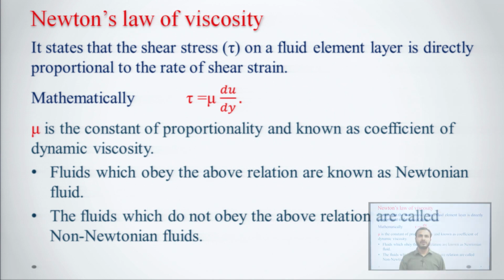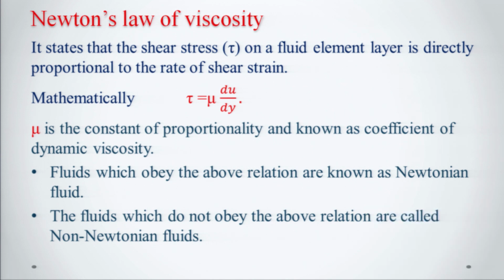So, the ratio of dynamic viscosity to the density of the fluid is termed the kinematic viscosity. Now, concerning viscosity, there is Newton's law of viscosity, according to which the shear stress, tau, on a fluid element layer is directly proportional to the rate of shear strain, which we saw while discussing viscosity. Again, mu is the constant of proportionality, known as the coefficient of dynamic viscosity.